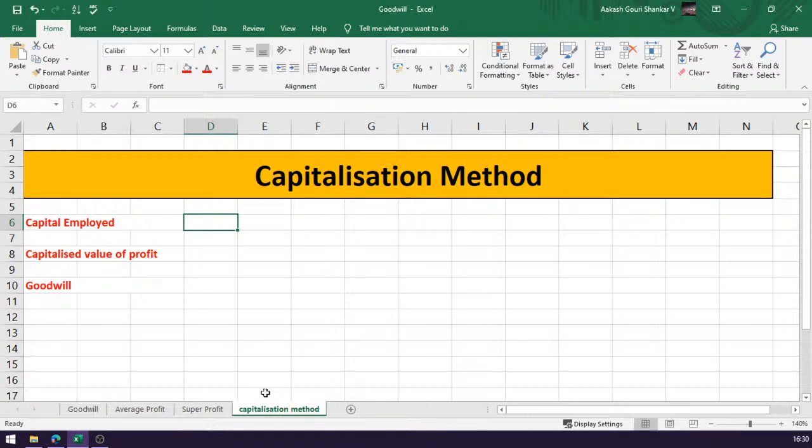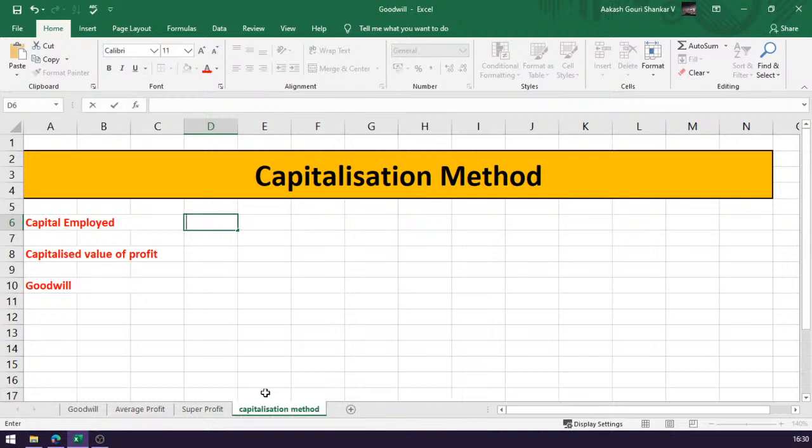There are a few ways in which we can calculate the capital employed. Some may say the total amount of capital invested by a partner is the capital employed. Some may say the total of asset minus the external liability will be the capital employed. So I will explain with one method.